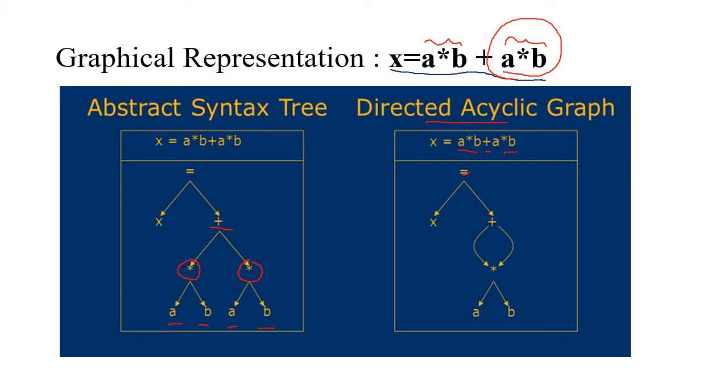So we perform a star b. Again, this right operand is this a star b. Do we need to calculate or perform this again? No. What we can do is redirect to the already existing portion. So this is a DAG.